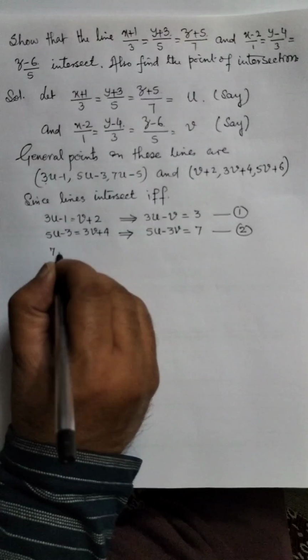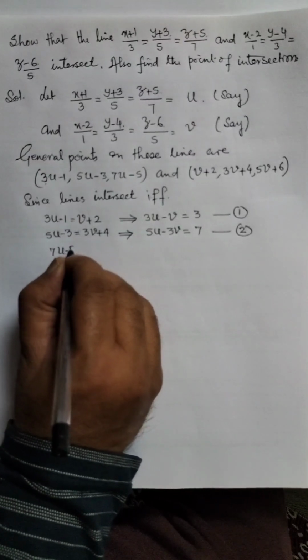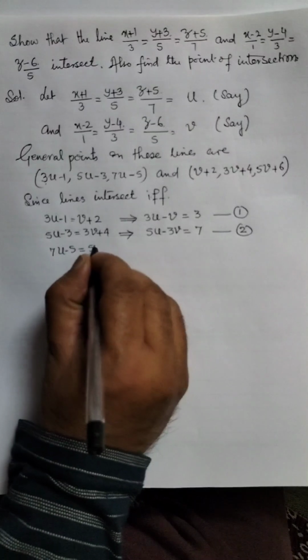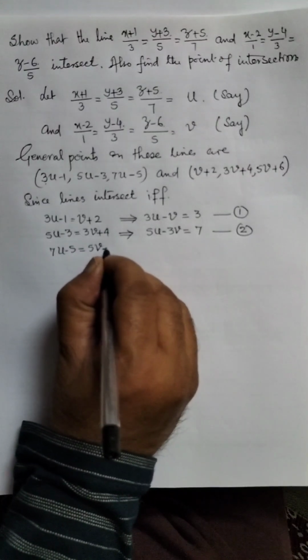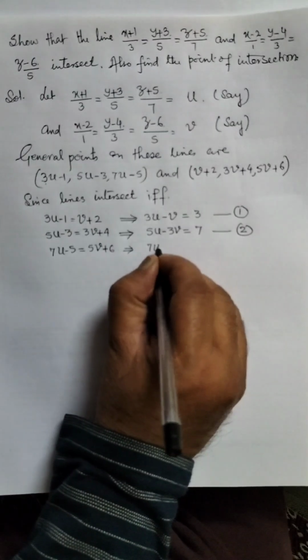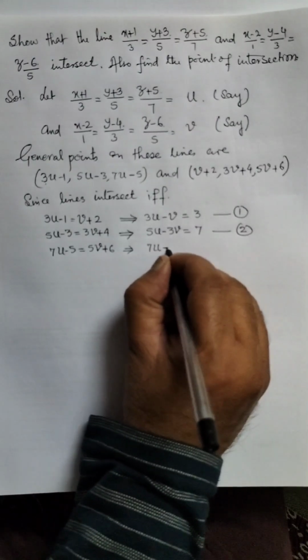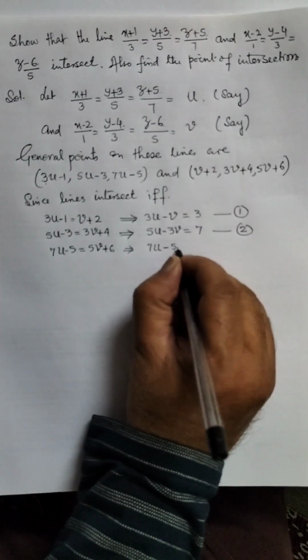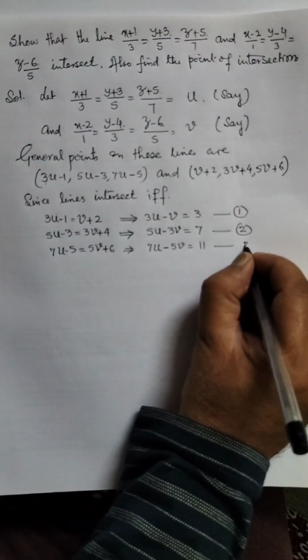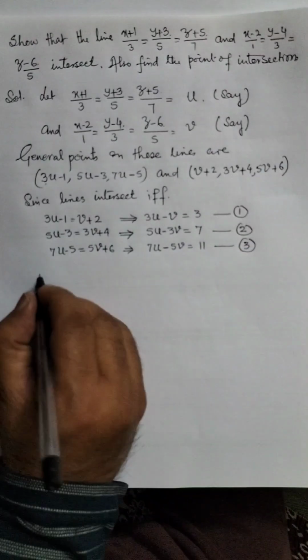And 7u - 5 = 5v + 6, which gives us 7u - 5v = 11. Let's call it 3.